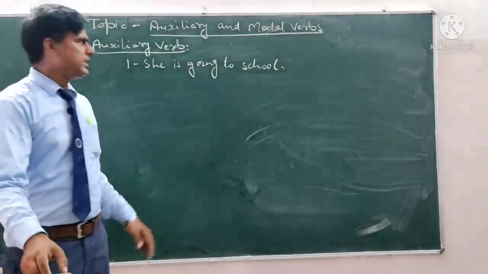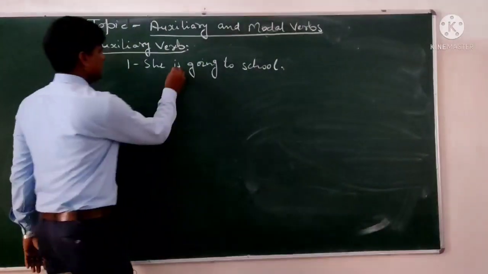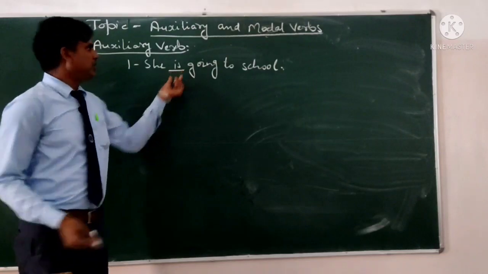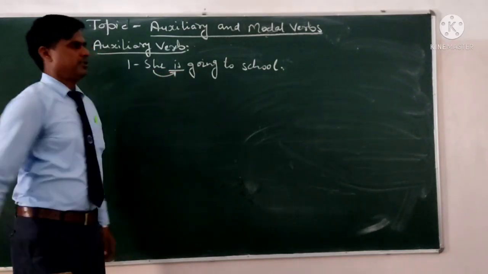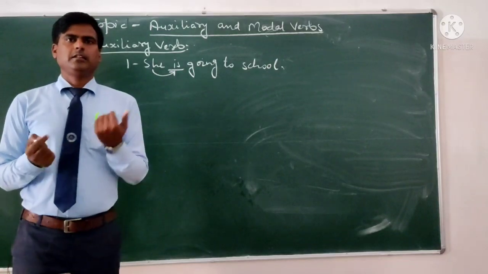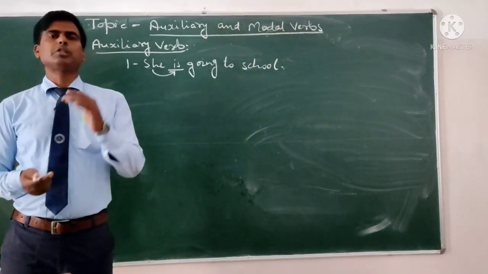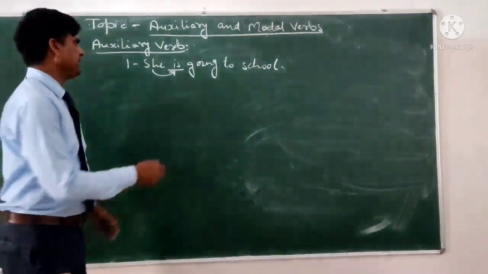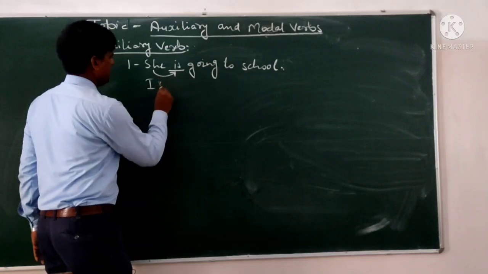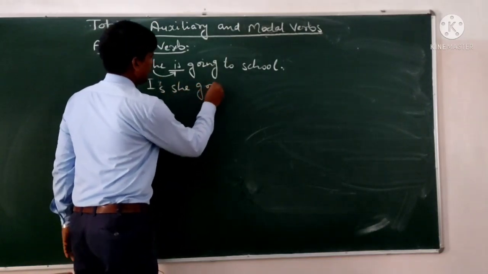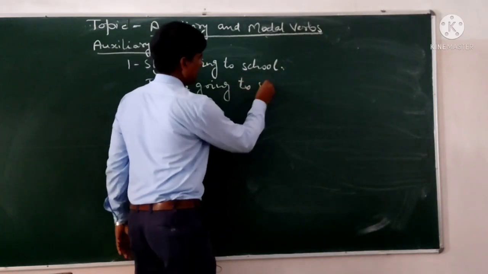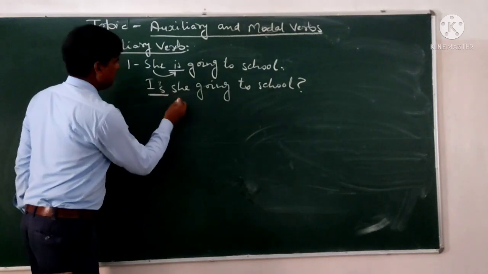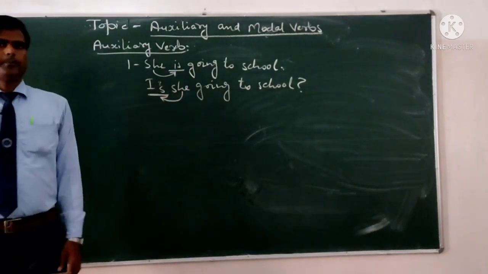This is an affirmative sentence. In an affirmative sentence we use the auxiliary verb after the subject, but in an interrogative sentence we use the auxiliary verb before the subject. For example, is she going to school? The auxiliary verb is used before the subject.